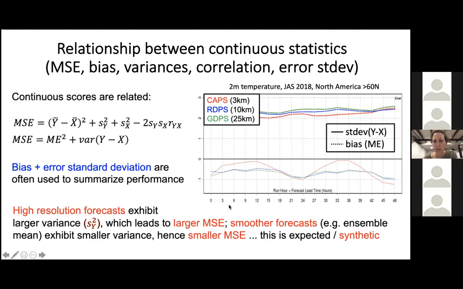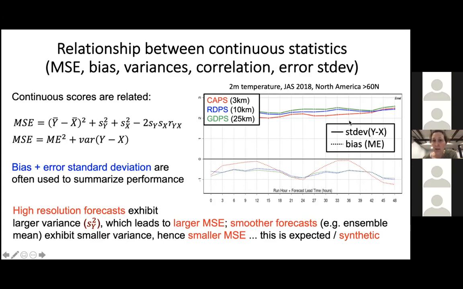So this is an example where I plot the scores versus lead time. Each of these points is a score aggregated over 3 months, July, August, September, for each lead time of the forecast.